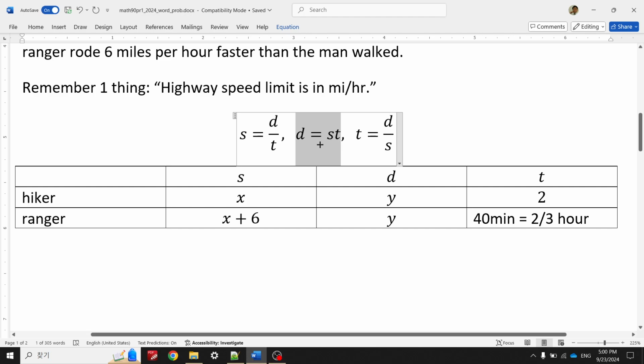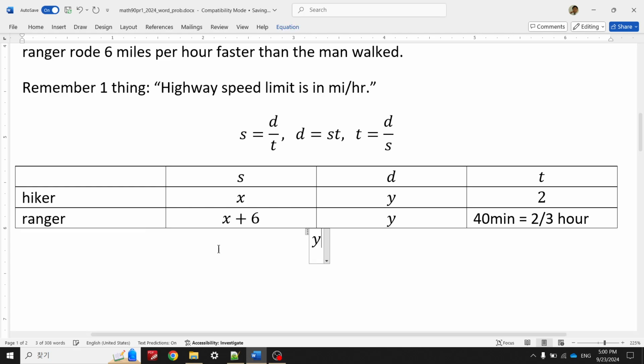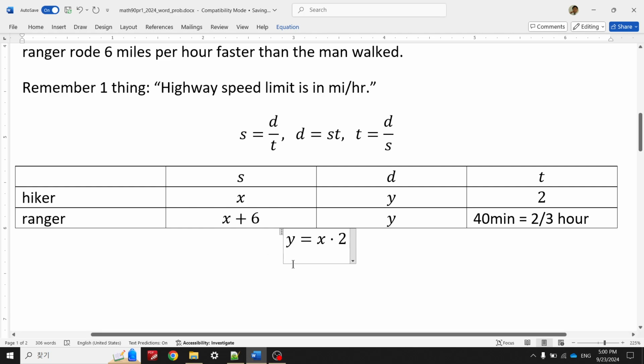So if I apply d equals st over to the first row, what do we get? Y equals s is x, and then t is 2, okay? So y is 2x. But don't just say that y is 2x. Say that you're applying d equals st, this formula right here, to the first row.